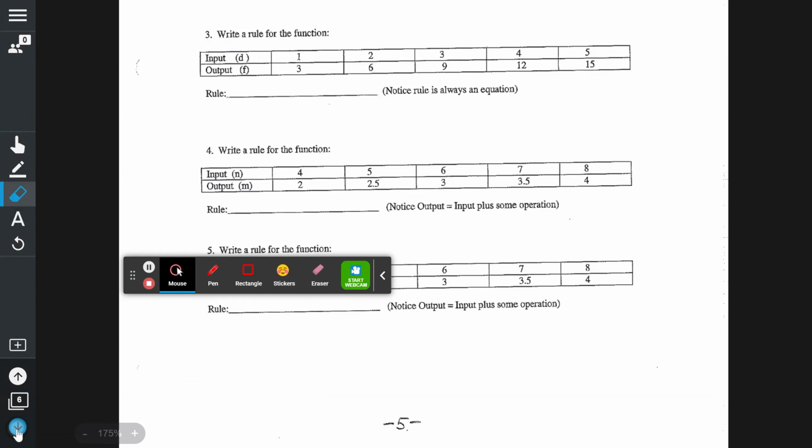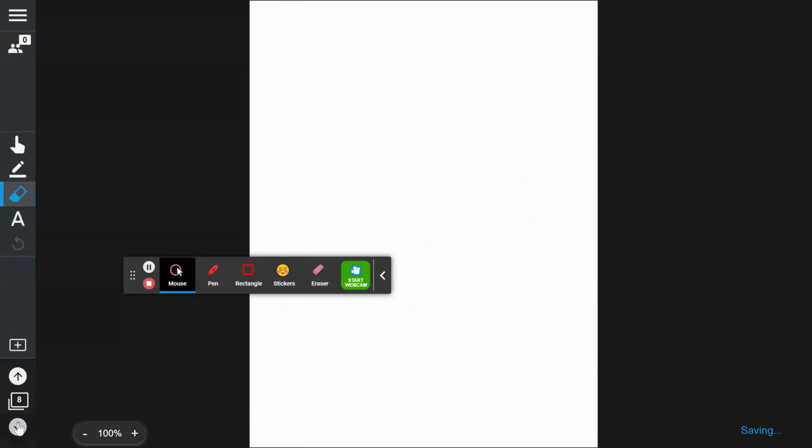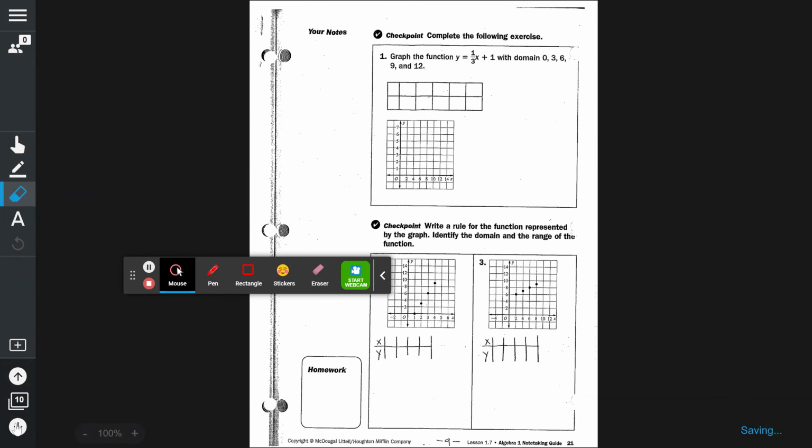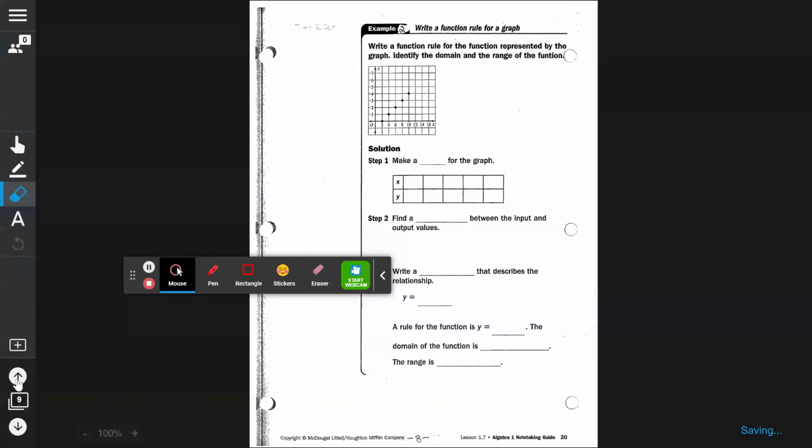There we go. Sorry, I didn't want to go to page 10. I wanted to go to page 8.